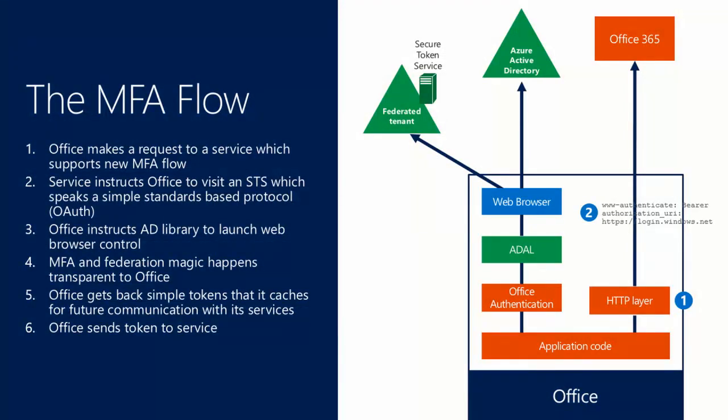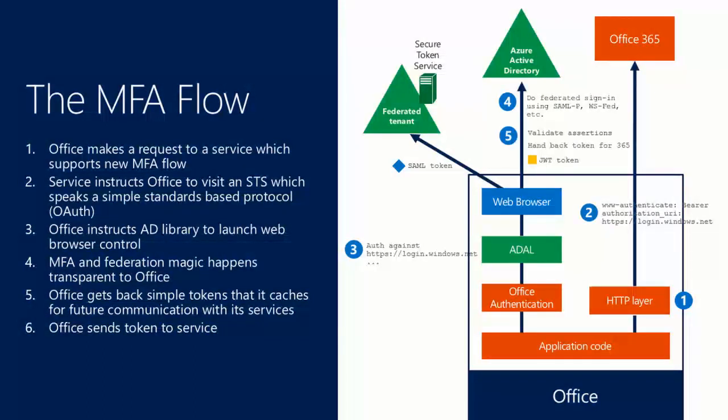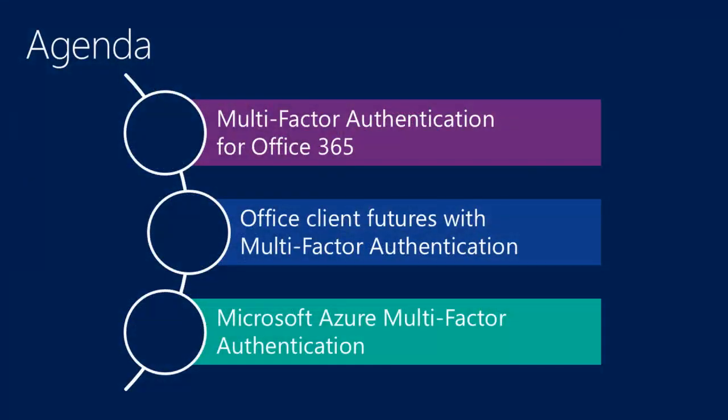Then Office uses the Active Directory Authentication Library to open the login page using the default system web browser. And that would be the Trident or IE browser on Windows or the Safari browser on Mac. And then the password is validated by the federated identity provider and sent back to Azure Active Directory.